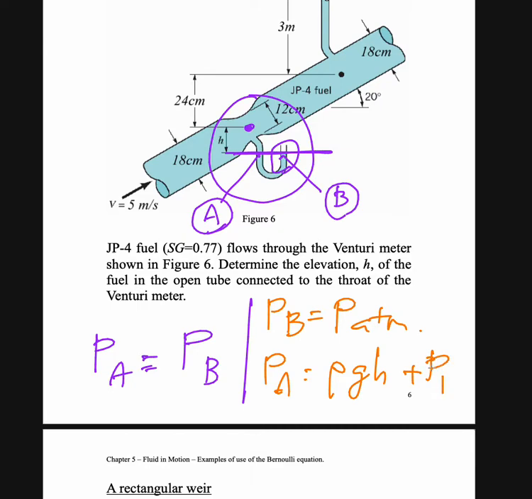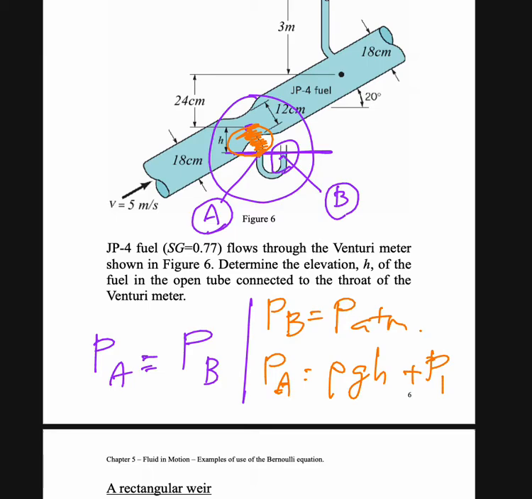Because at point A here, we have rho g h, meaning the pressure because there is a height of liquid above it, and then the pressure at point number 1 will add pressure on that point. So this is the equation, and for pressure PA here, there is no atmospheric pressure because no atmospheric pressure makes contact with the liquid inside the pipe. So this is the pressure for point 1.